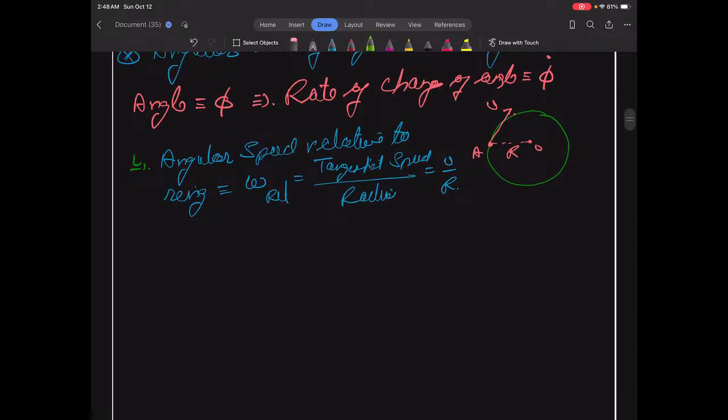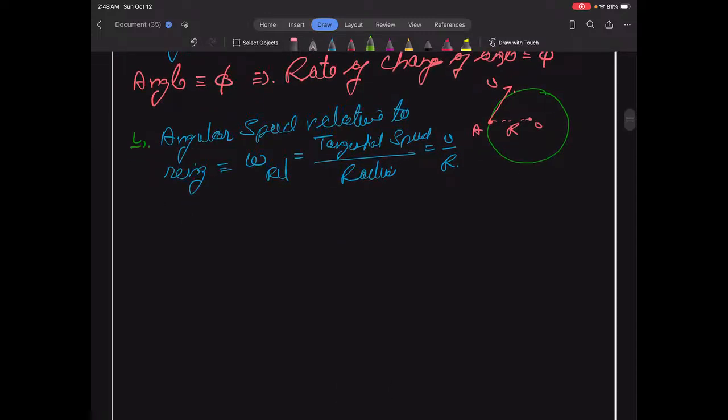So omega relative is equal to v upon r, or v is equal to r times omega relative.